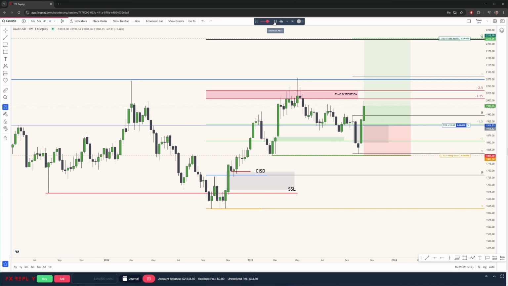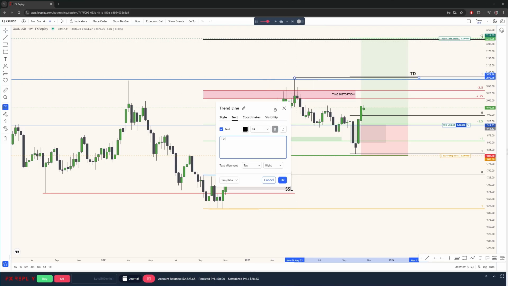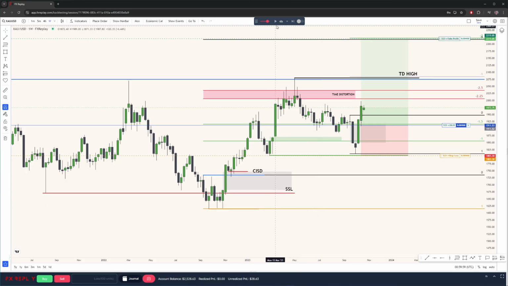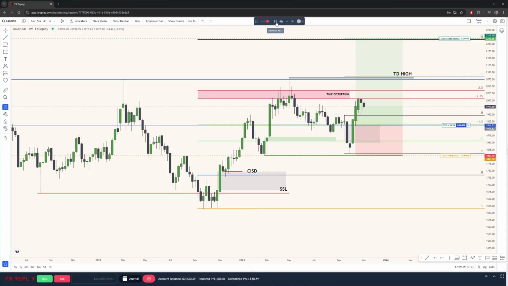I'm in. Once again, once we break a distortion high right here, I'm going to move my stop. Time distortion high. I like it. That's the weekly chart, so if you don't care about time frame, it works everywhere.